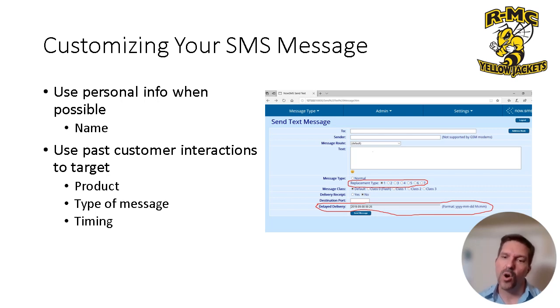Okay. Now, the customization should go beyond just the name. What do I mean by this? Use all the information that you have available about the customer to customize the message. What does that mean? Well, if you have a past history with the customer in terms of sending messages to this email or SMS account, you should actually use that information to see what messages work better or worse to this particular SMS account.